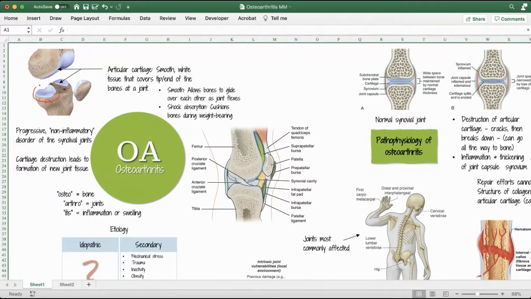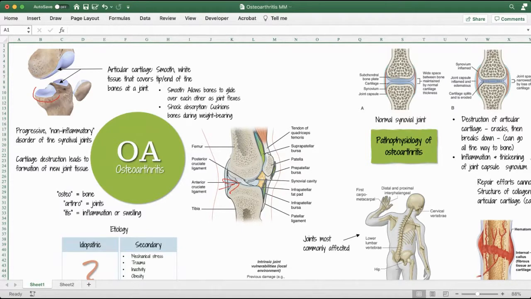And really what it does is it provides a smooth, lubricated, low-friction surface, so that when the bones are moving together inside of the joint, they're not grinding on each other, right?